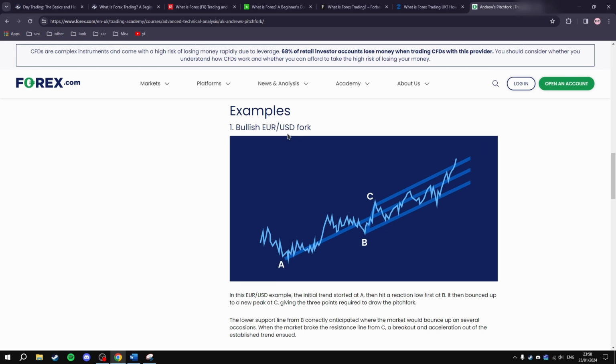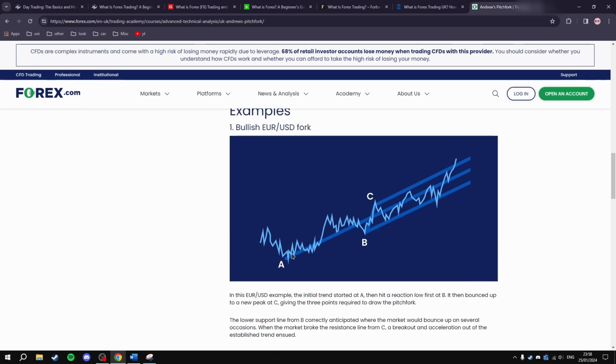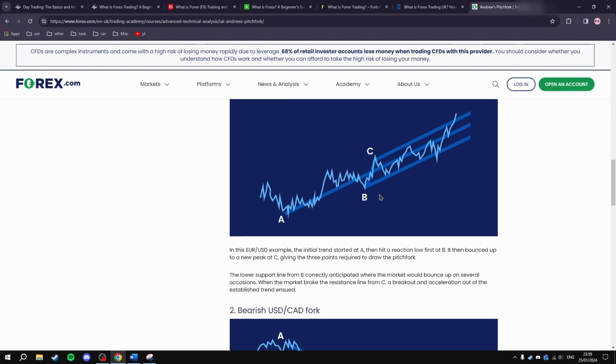Okay, examples. Bullish EUR/USD fork. In this EUR/USD example, the initial trend started at A. Then it hit a reaction low first at B. It then bounced up to a new peak at C, giving these 3 points required to draw a pitchfork.